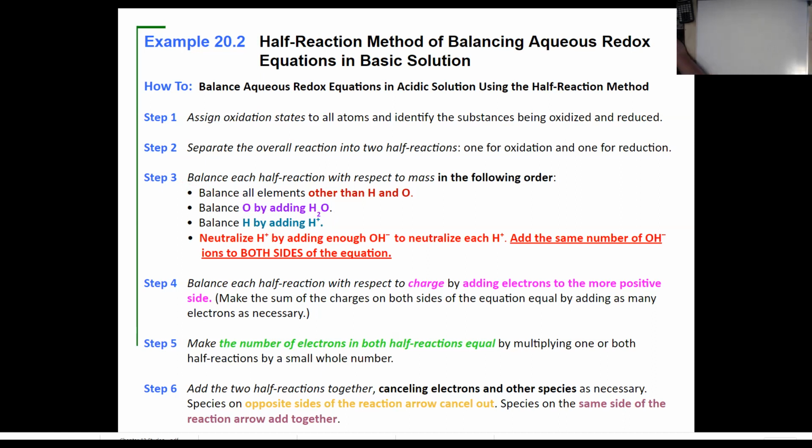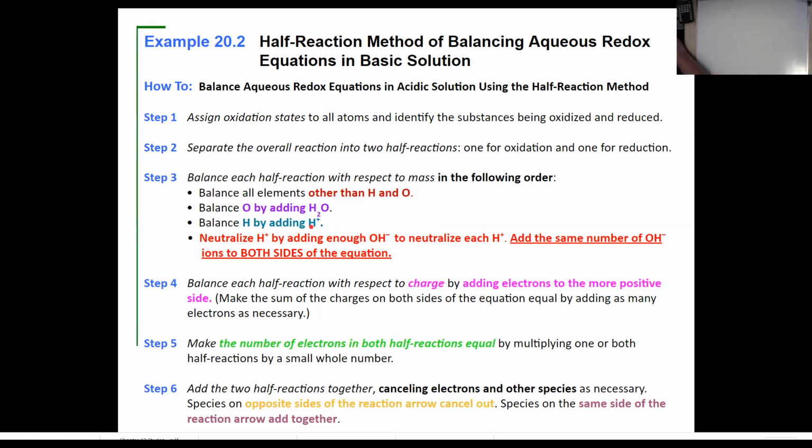Basic solutions aren't going to have hydrogen ions just floating around in them. So at this point, we're going to neutralize the hydrogen ions by adding hydroxide ions to both sides of our reaction. We're going to add exactly as many hydroxide ions as we have hydrogen ions, to both sides.